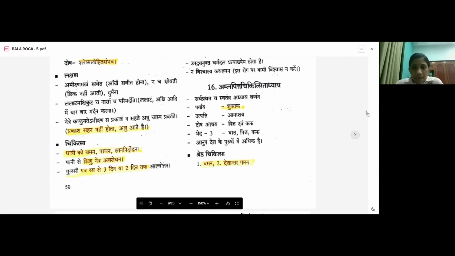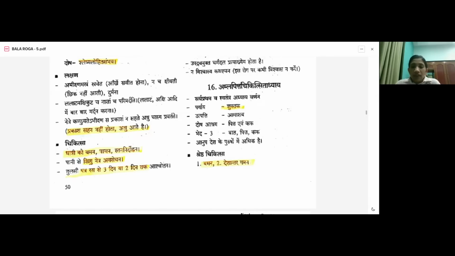Next one, that is the Amlapitta Chikitsa Adhyayam. In this chapter, the synonym of Amlapitta is Shuktagam. And he mentioned 3 types of Amlapitta, that is Vata, Pitta, Kapha. And the treatment, the Shrestha Chikitsa for Amlapitta is Vamana and also Deshantara Gamana.